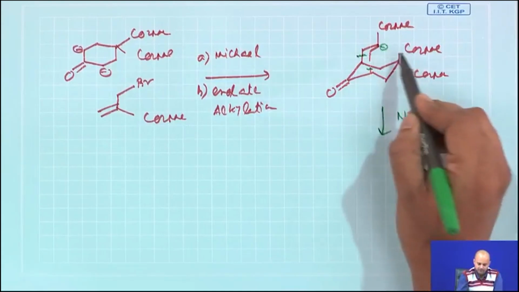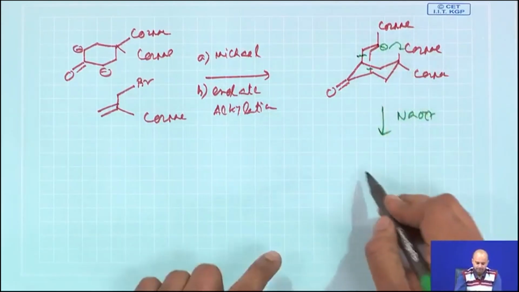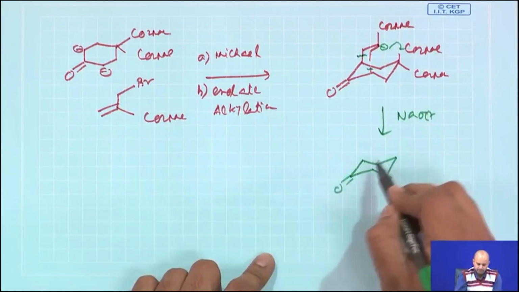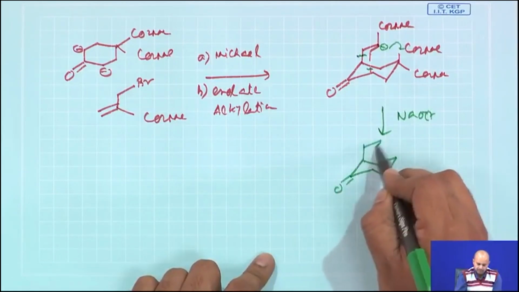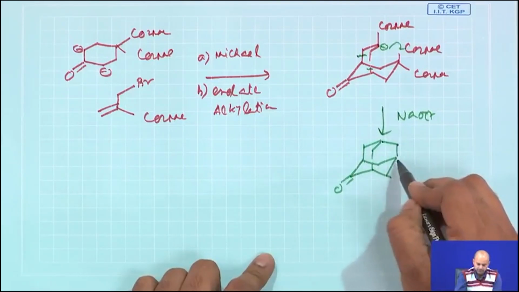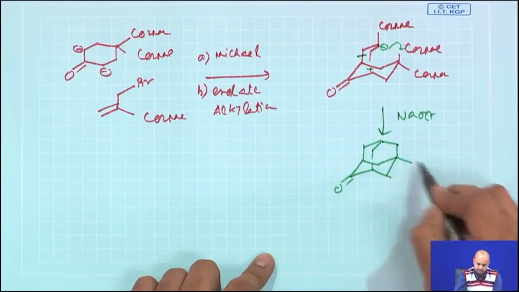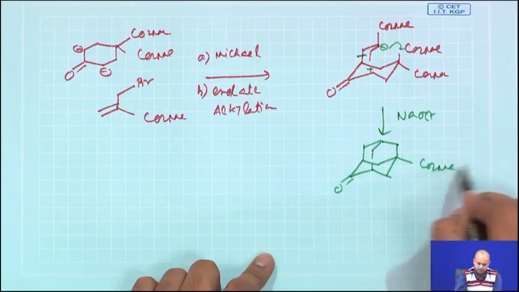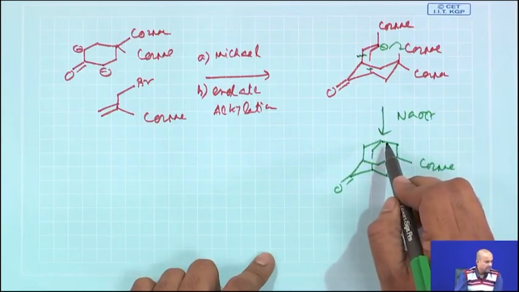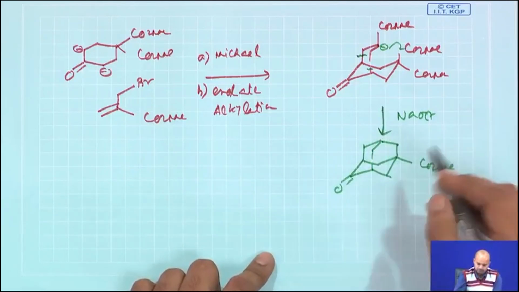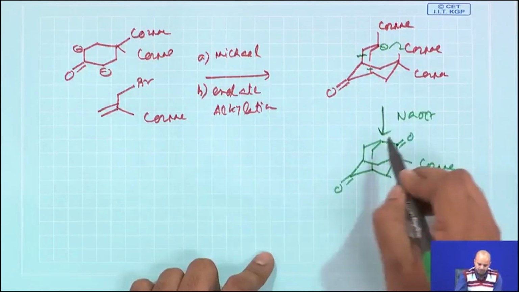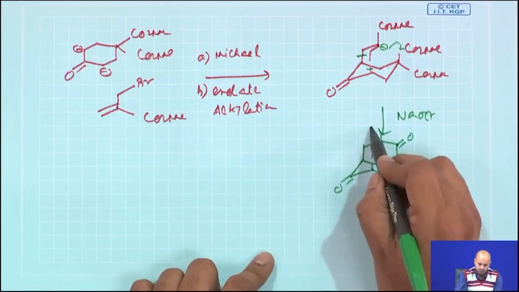This anion is generated, it reacts here, and then it gives you another six-membered chair form, and it will have a double bond O, and it will have another CO2Me also here.